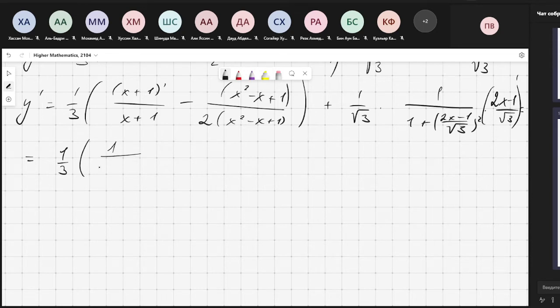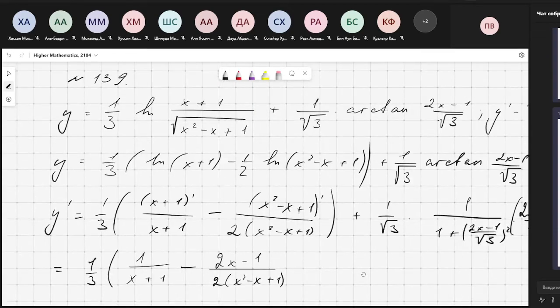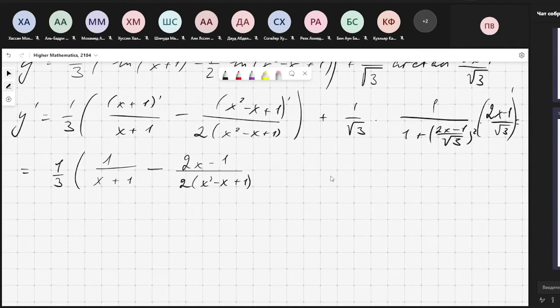We have 1 over x plus 1 minus the derivative of x squared minus x plus 1, which is 2x minus 1, and in the denominator stays 2 times x squared minus x plus 1. Okay. Close the bracket.